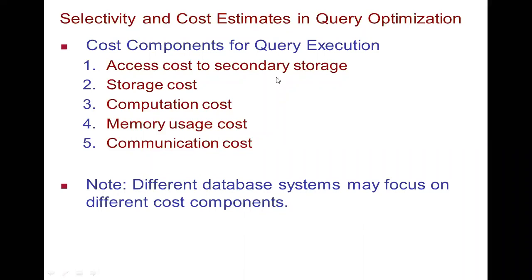Maybe different database systems use different cost components, but these are the generally listed ones. So the first one is access cost to secondary storage. We save our entire database in file format in secondary storage devices, or in the hard disk.